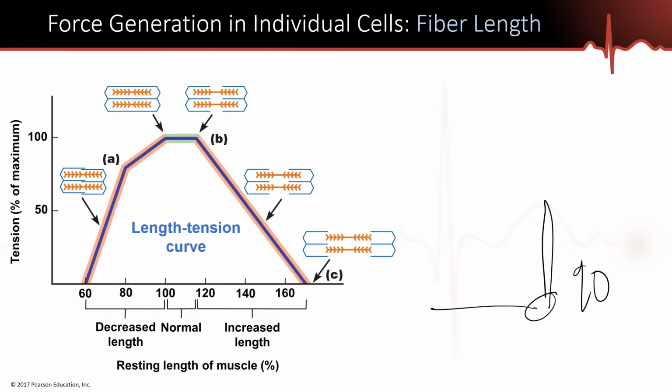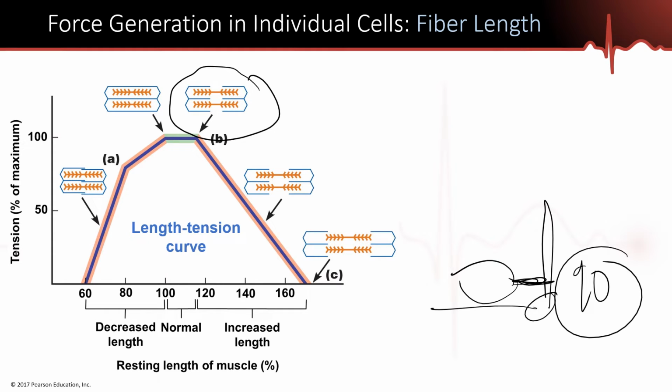It's just at this perfect length when the elbow is at 90 degrees, so that the sarcomeres within the biceps muscle fibers are just perfectly overlapped. They're perfectly overlapped, and that enables the maximal amount of myosin and actin to interact with each other, and that then allows for the maximal amount of force to be generated.